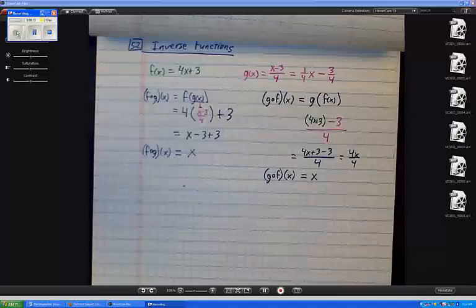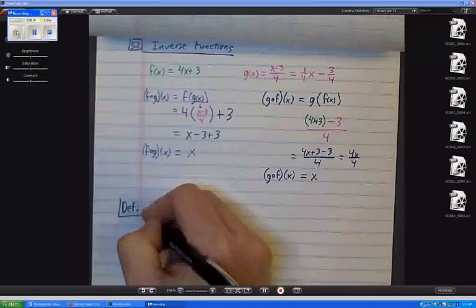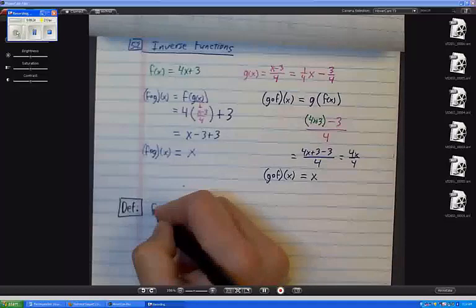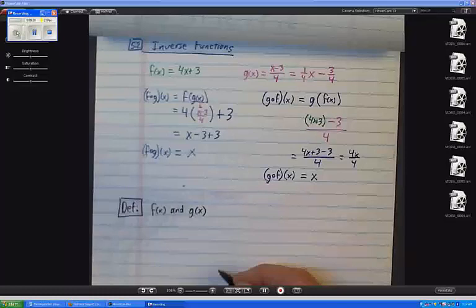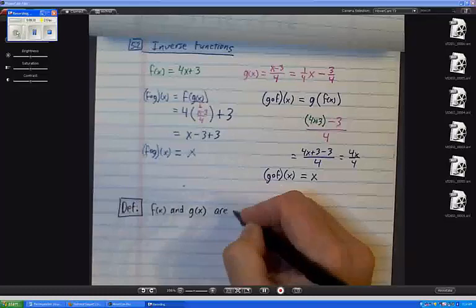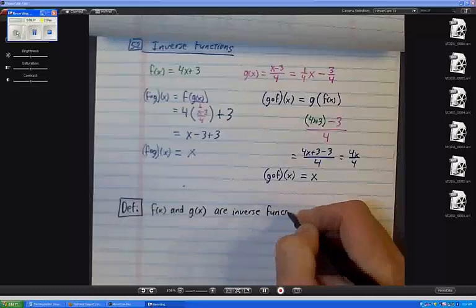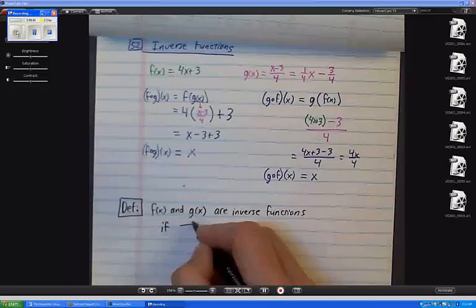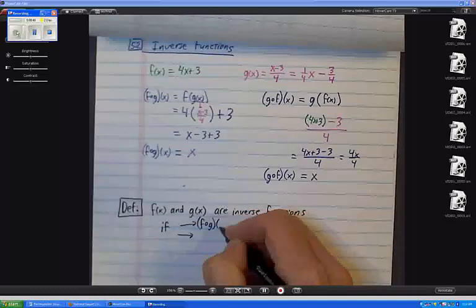Let me give you a definition. Or maybe you saw the definition if you were preparing for today. We say f of x and g of x are inverse functions if, and you need two things to be true, f composed with g of x has to be x.